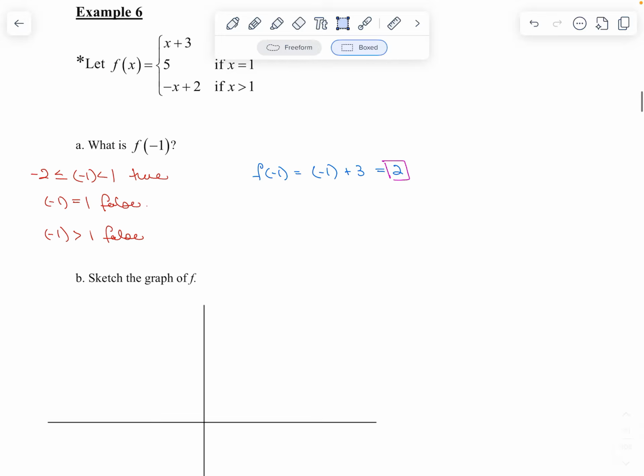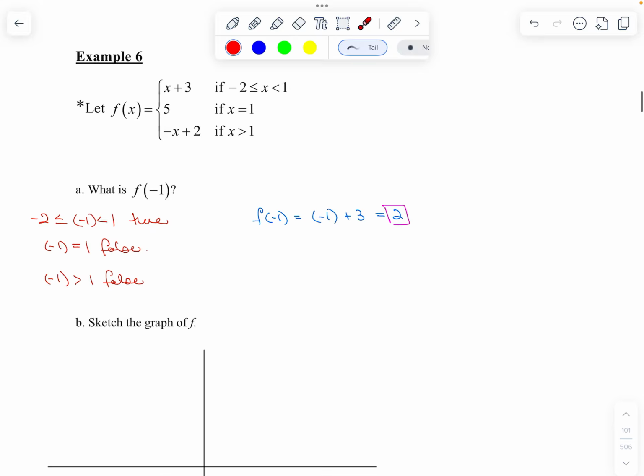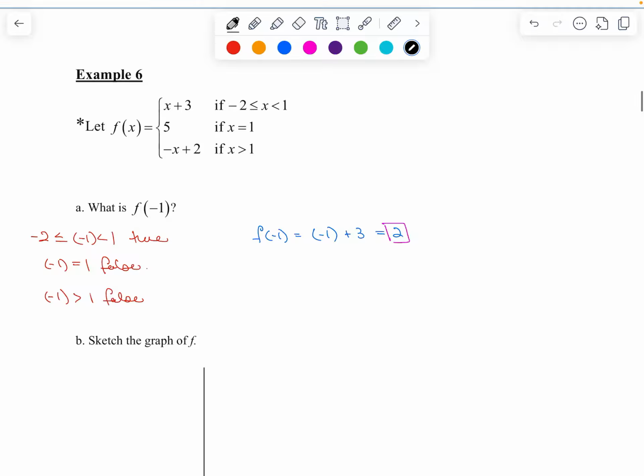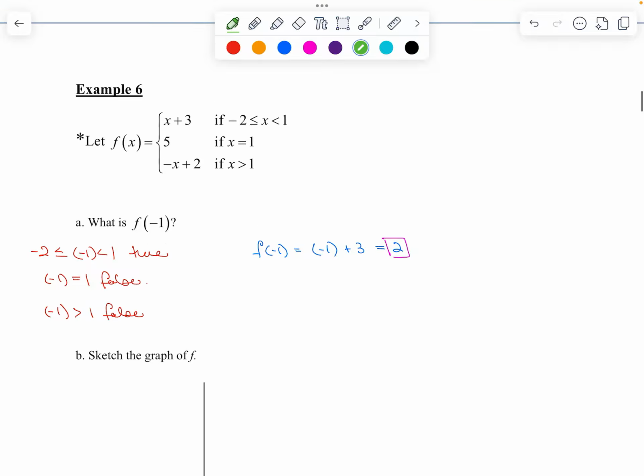Now, looking at each part of the function, I'm going to give myself an idea of what I should expect for each part. For the first one, x plus 3, this is an equation of a line.